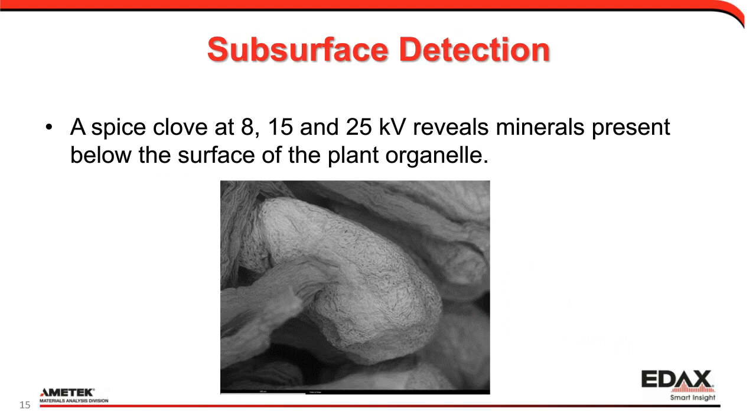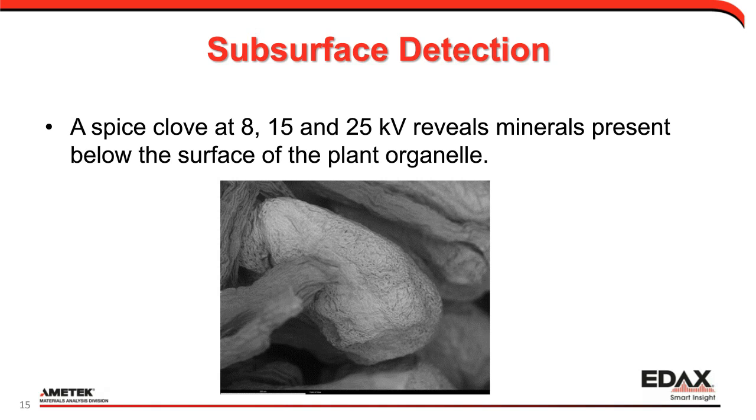Finally, moving on to our last EDS example before moving into EBSD, we'll look at our spice clove in a little bit more detail. This is one of the smaller features of the larger feature that we saw in the first slide, and we're zooming into a particular area. Based on my research, I saw that spice cloves are one of the highest food substances with antioxidants.